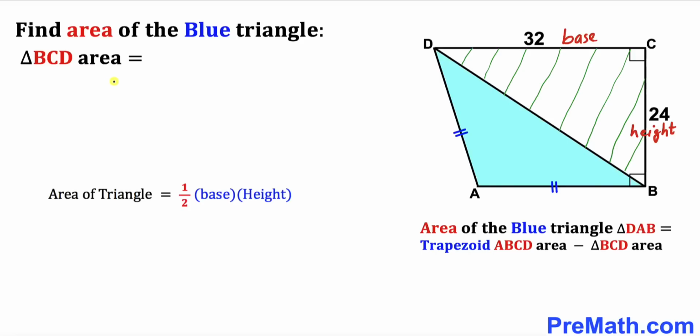So the area of triangle BCD is a half times 32 times 24, and if we simplify, that gives us 384. Thus the area of this triangle BCD turns out to be 384 square units.